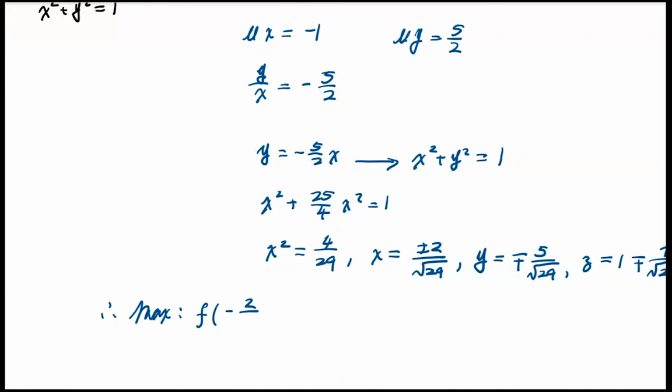It's like you have to plug in the right one, and then the maximum turns out to be this combo. And then 5 over square root 29 and 1 plus 7 over square root 29, and that will be 3 plus square root 29. And the other combo will, I think, give you a minimum. How's that?